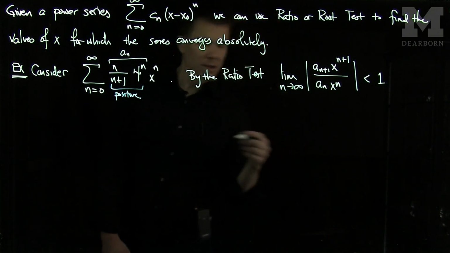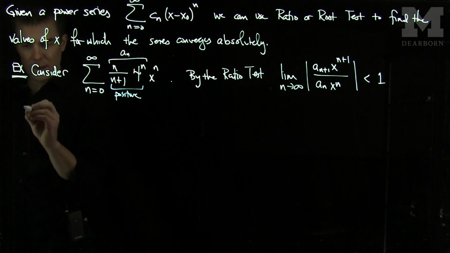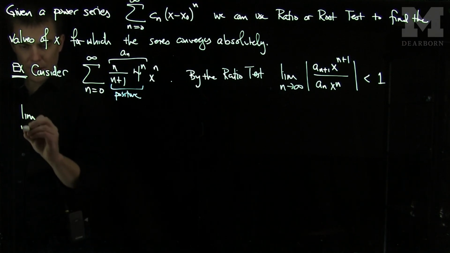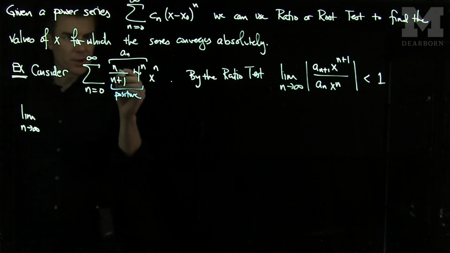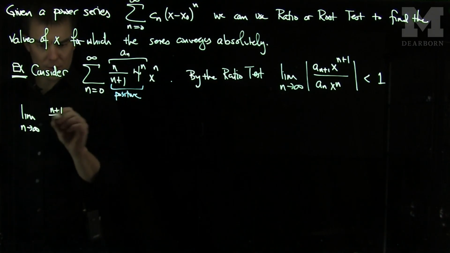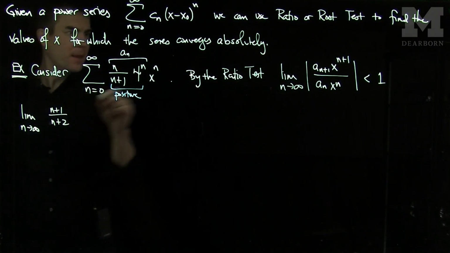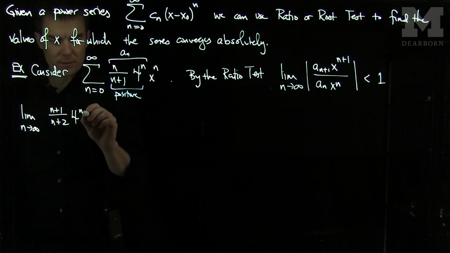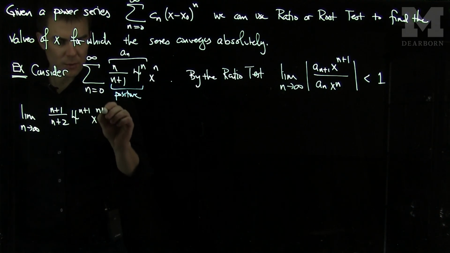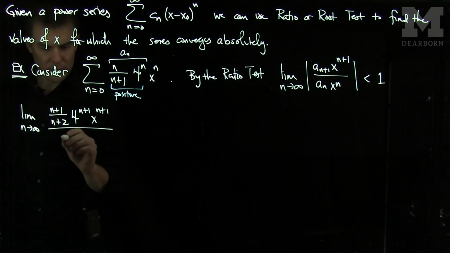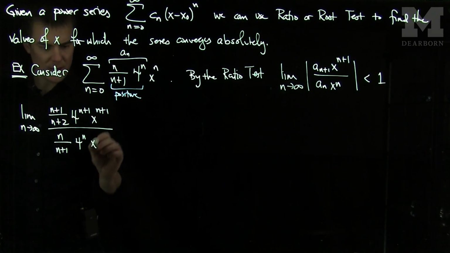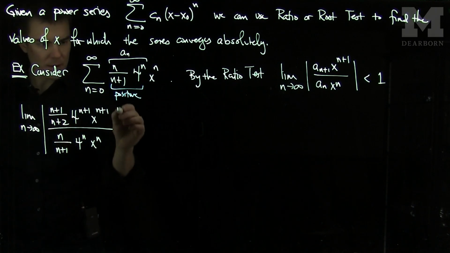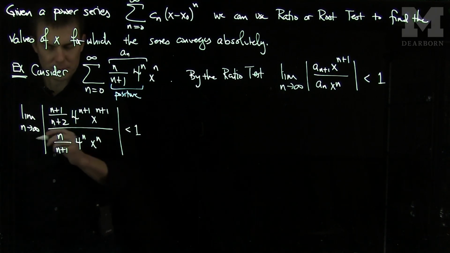Filling in, we want the limit as n approaches infinity of n plus 1 over n plus 2, times 4 to the n plus 1, x to the n plus 1, over n over n plus 1 times 4 to the n, x to the n, in absolute value to be less than 1.